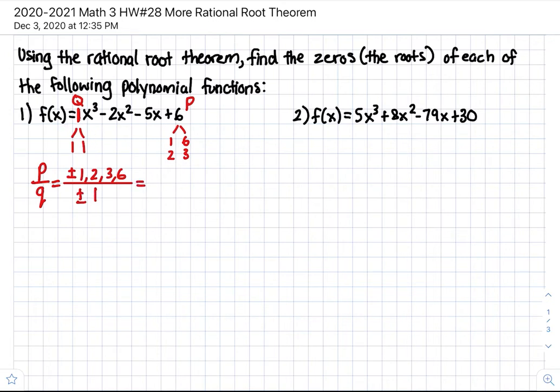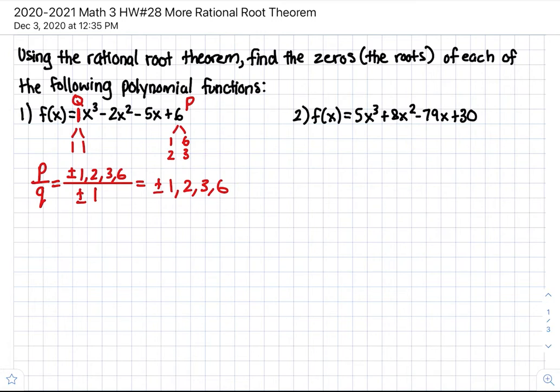Then, to make our list, right, you guys do plus or minus 1 over 1 is 1. We're going to get plus or minus 2 divided by 1 is 2. 3 divided by 1, 3, and 6 divided by 1 is 6. So here is our possible roots list, which means we need to go and find out which one of these possible numbers in this list will give us zeros, right?